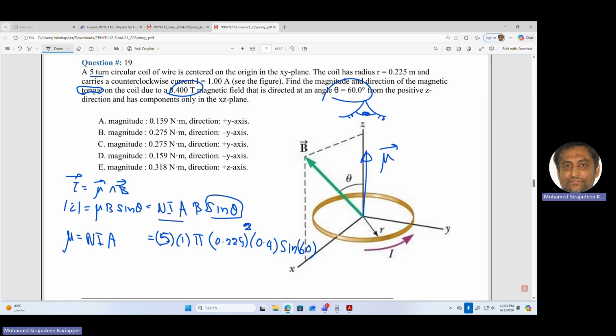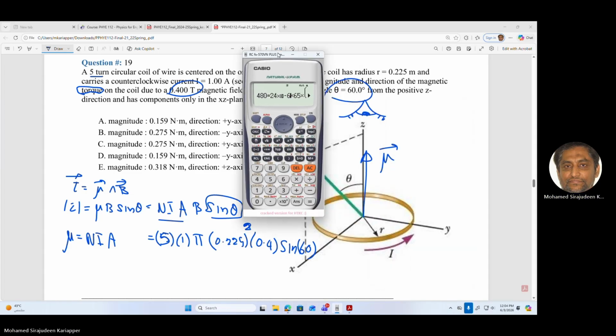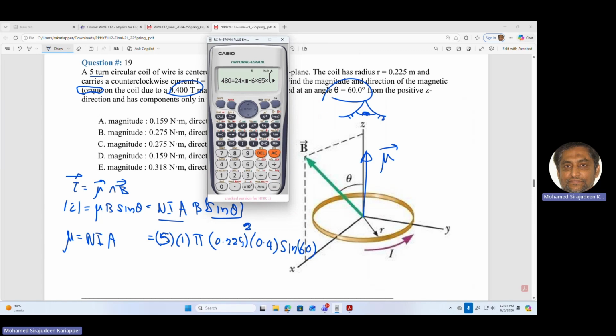So let me quickly calculate it. 5 multiplied by pi multiplied by 0.225 squared multiplied by 0.4 multiplied by sine 60, close the bracket, 0.275.